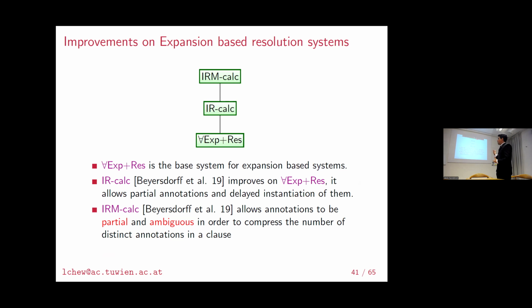So you're working with partial annotations. And the IRM calculus expands this even further, because you have both partial annotations and ambiguous annotations. This is saying that some value has been set, but we're not specifying which value it's going to be. And in each of these cases, there are exponential gaps between these proof systems.